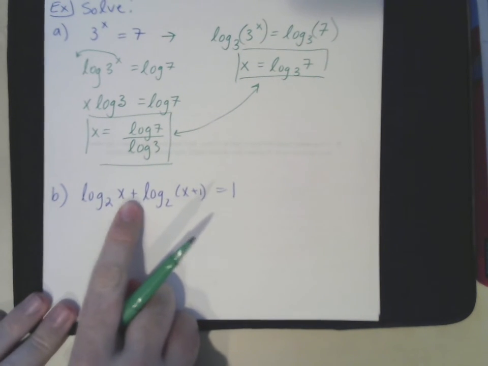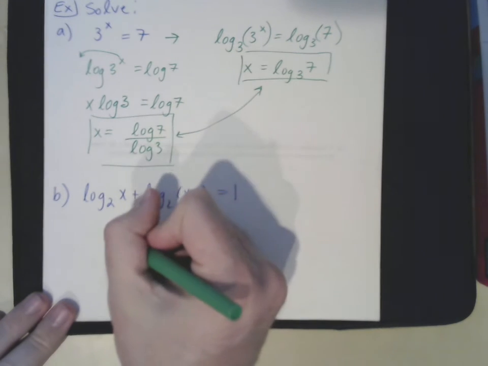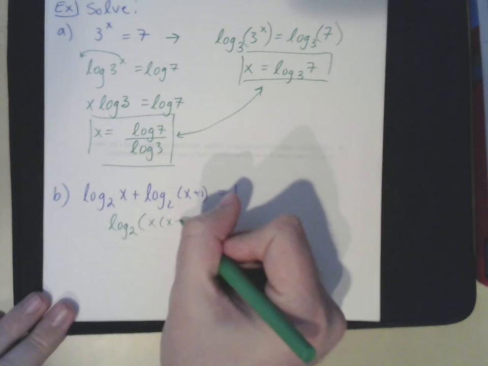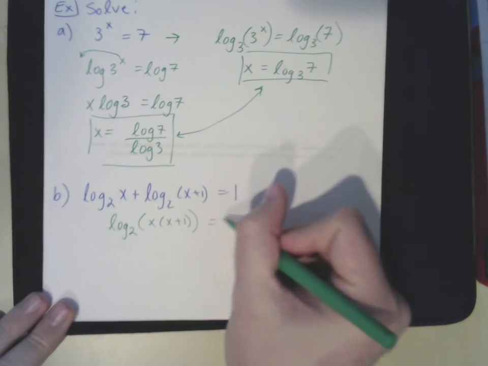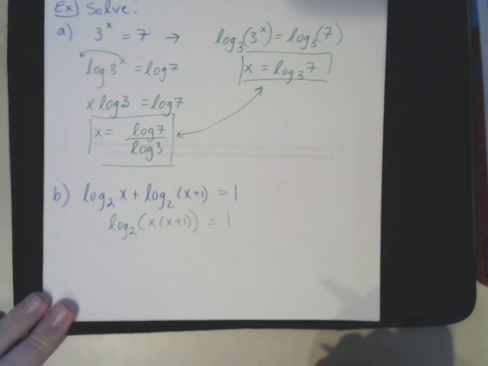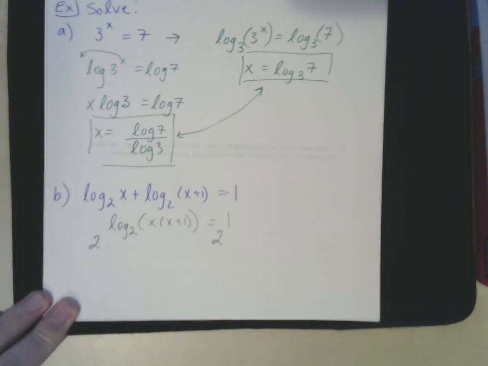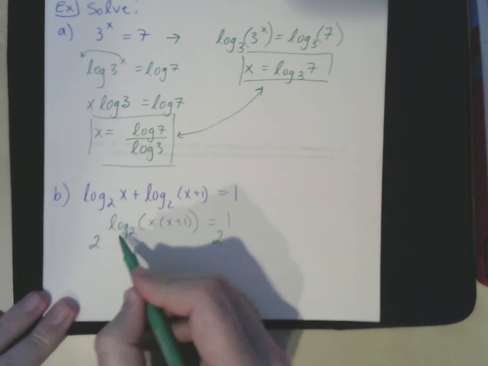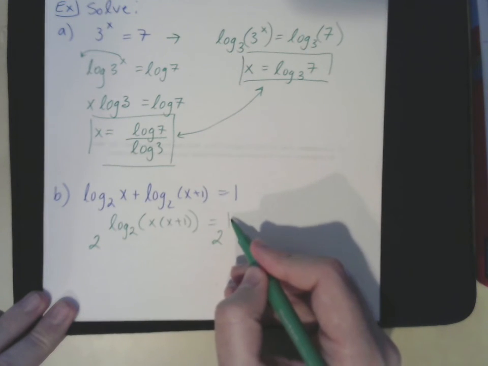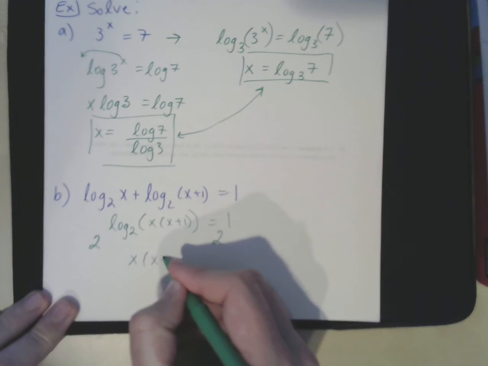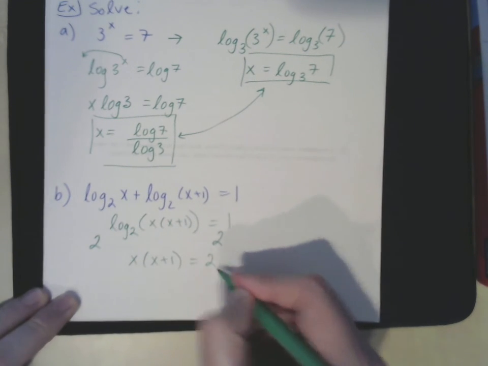Since we have an addition of logs of the same base, we multiply x times x plus 1, and that equals 1. Now we raise 2 to both sides. So this is 2 to the log of all of this, and this is 2 to the first. 2 to the log base 2 cancels itself, and we get x times x plus 1 equals 2.